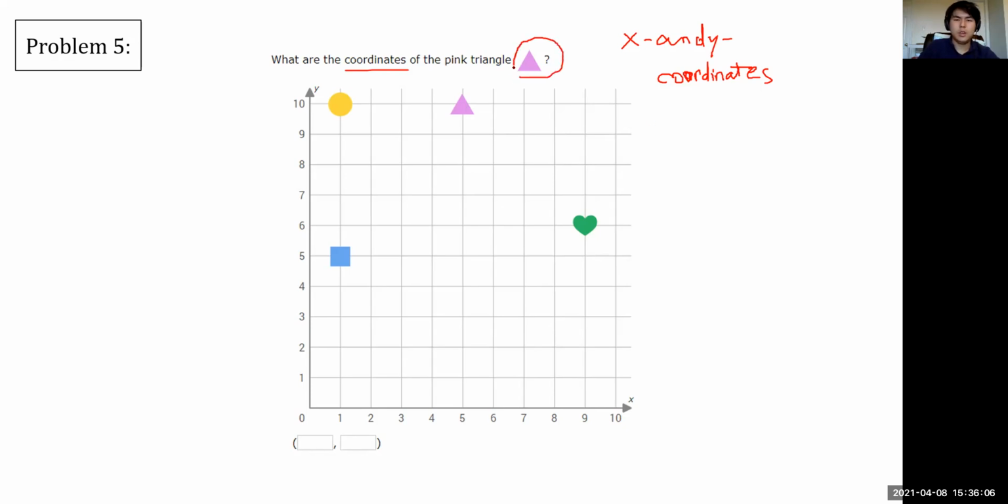So our pink triangle sits right here in the coordinate plane, and instead of looking at one axis or the other, we need to look at both axes now. Here is our x-axis, and here is our y-axis.